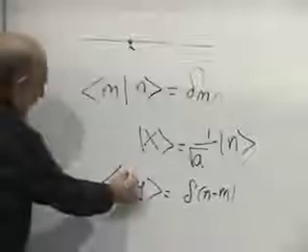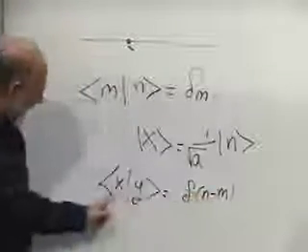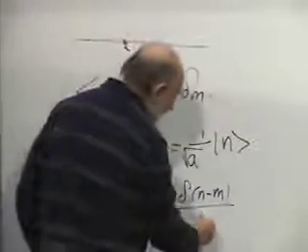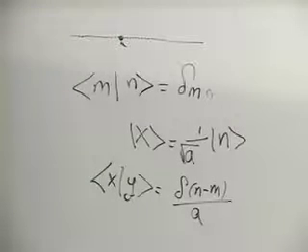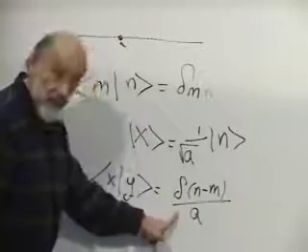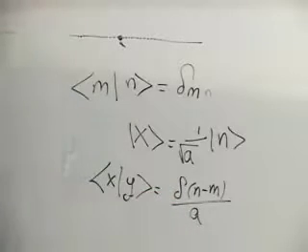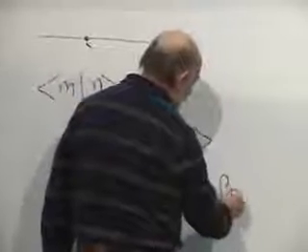Y here corresponds to the mth site, x corresponds to the nth site, divided by a. Well, when a gets to be a very, very small number, this inner product becomes infinite, or just very large, if you like. And that's the limit in which this becomes delta of x minus y.